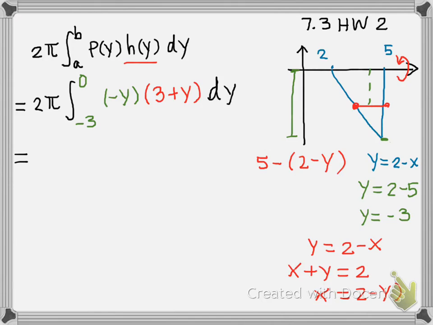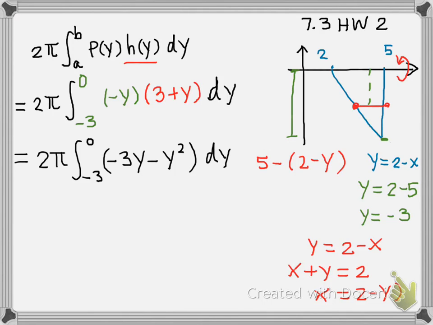So we simplify. It equals 2 pi times the integral from negative 3 to 0. Negative y times 3 is negative 3y. Negative y times y is negative y squared, dy. Now we use the power rule.